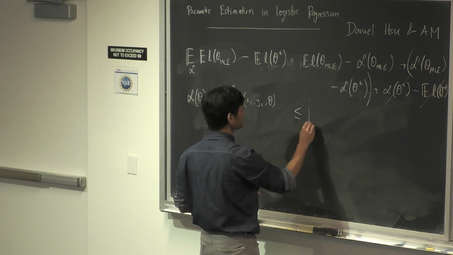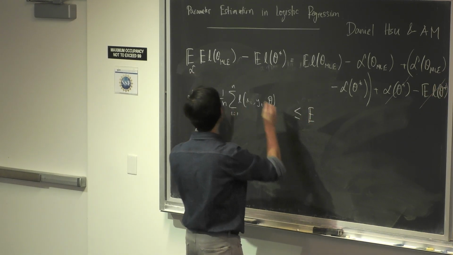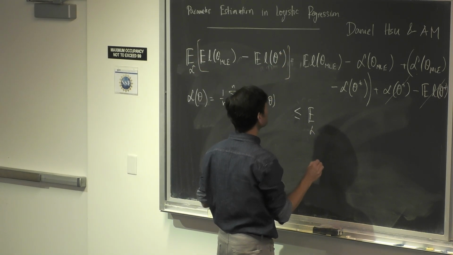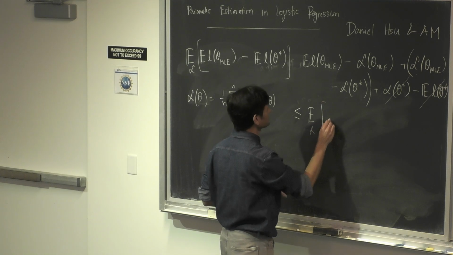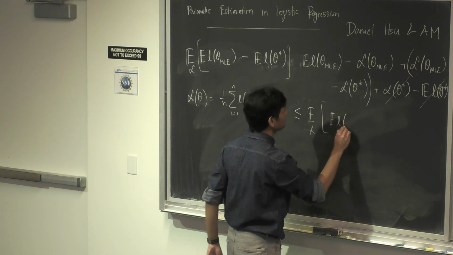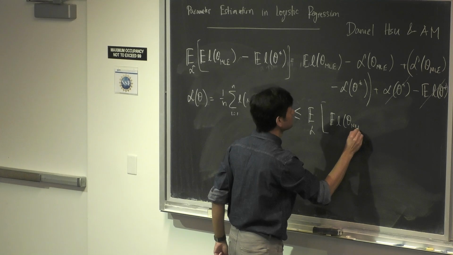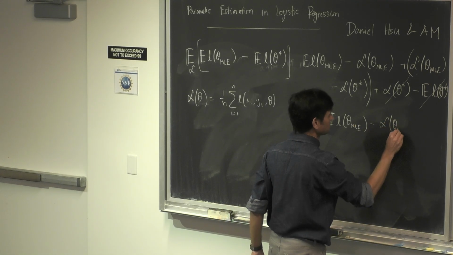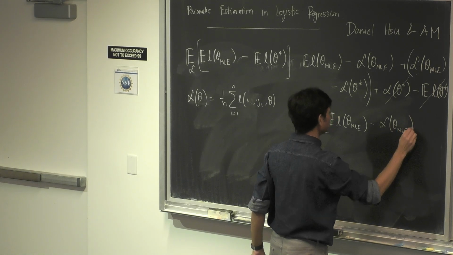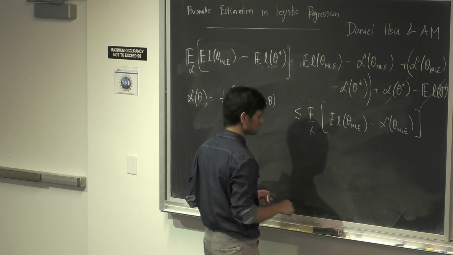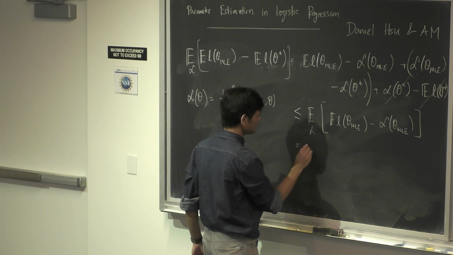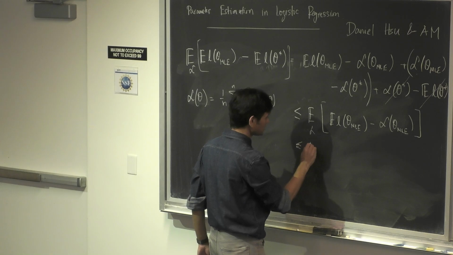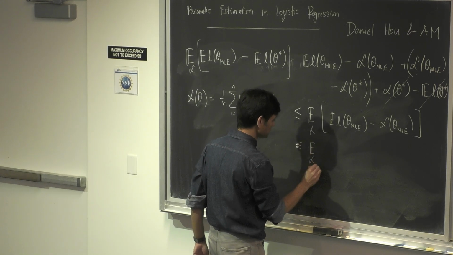So I'm just saying this is expectation. This is going to be this, and in the bracket I will have expectation of L theta MLE minus L theta MLE. Okay, I can forget about this, so I will just write this to be upper bounded by, I can now take a supremum as usual.